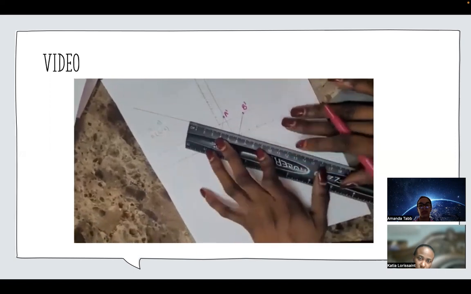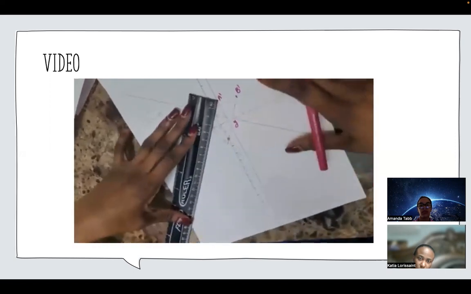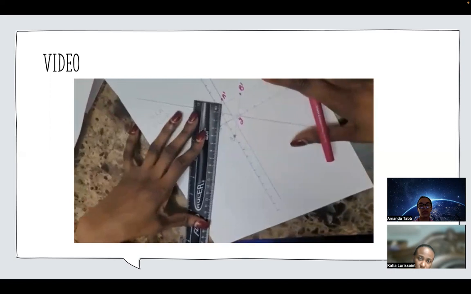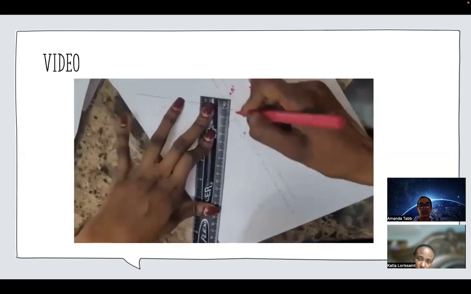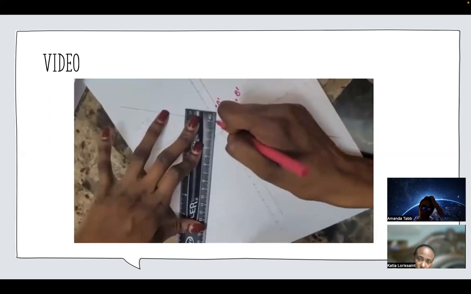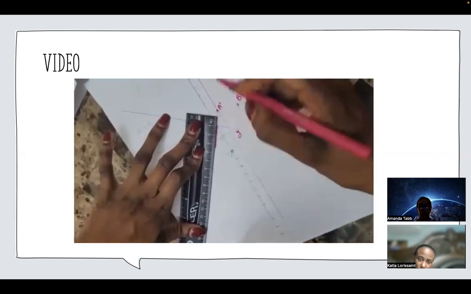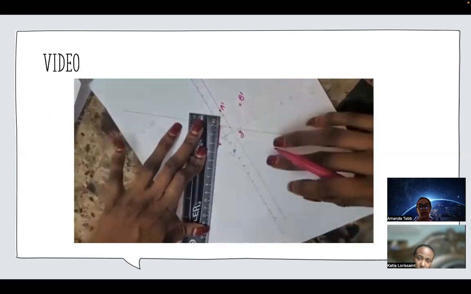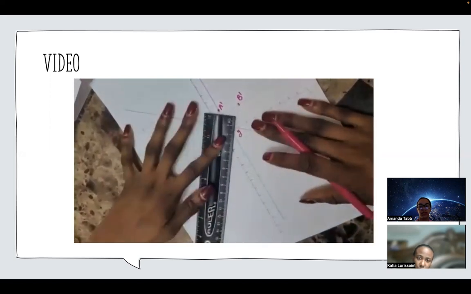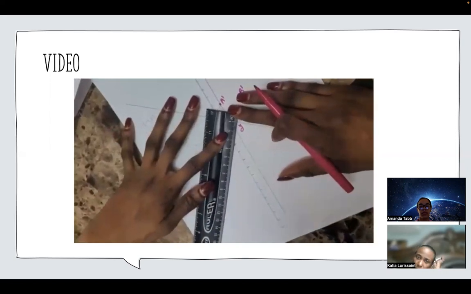And of course, we know from elementary geometry, a square is congruent on all sides. So if one segment is 2 centimeters, we need to make sure all the other segments are too. This one actually went over a little bit. Right here, it's 2 centimeters. And then I'm going to measure 2 centimeters from this segment also.